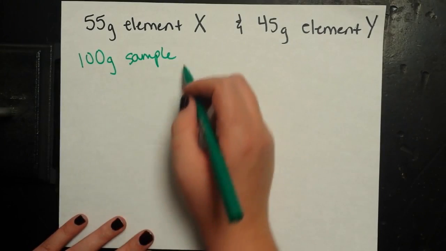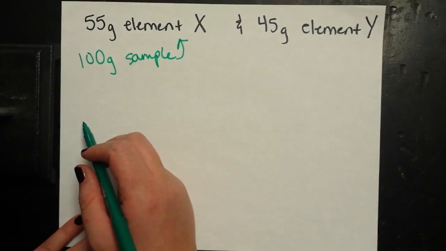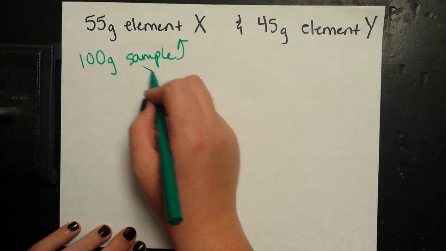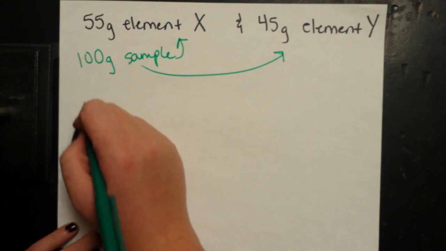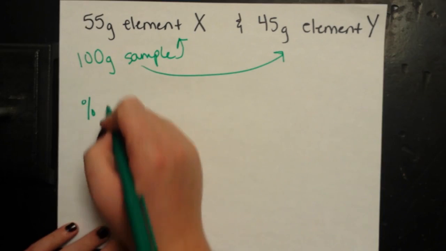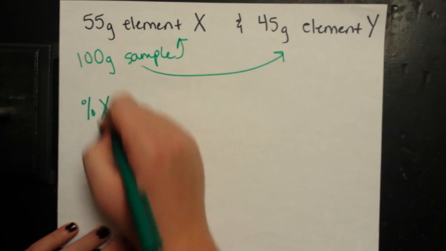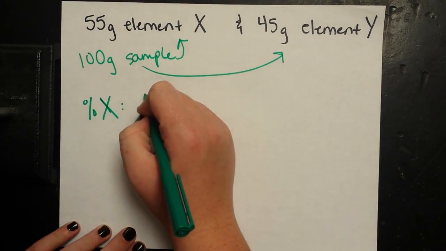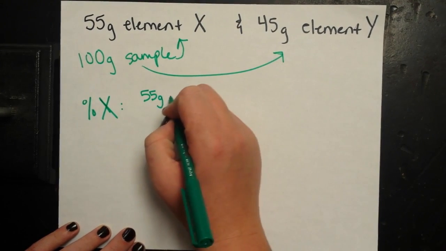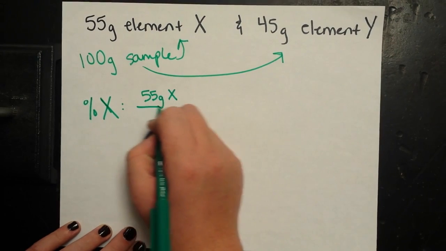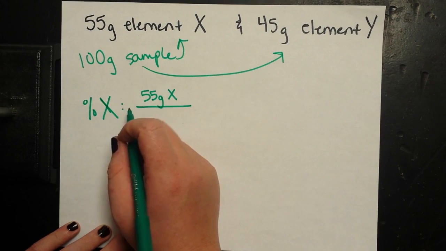Out of that 100 gram sample, we've got 55 grams from element X and 45 grams from element Y. So to find the percent by mass of element X, we're going to take the mass of X, 55 grams of X, and divide it by the mass of the sample.